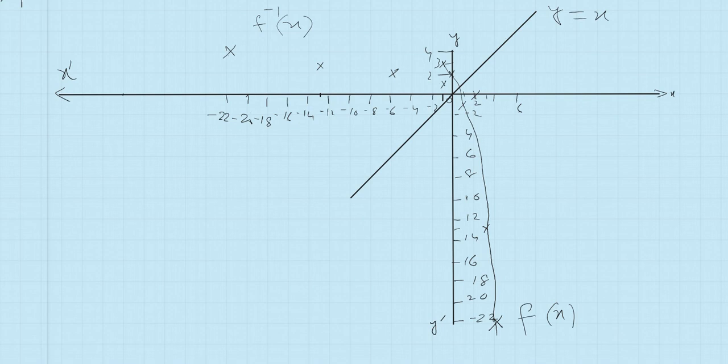This is the first point. Then 2, 0. This is the second point. Then minus 1, 1. This is the third point. Then minus 6, 2, then minus 13, 3, and then minus 22 and 4. Correct.